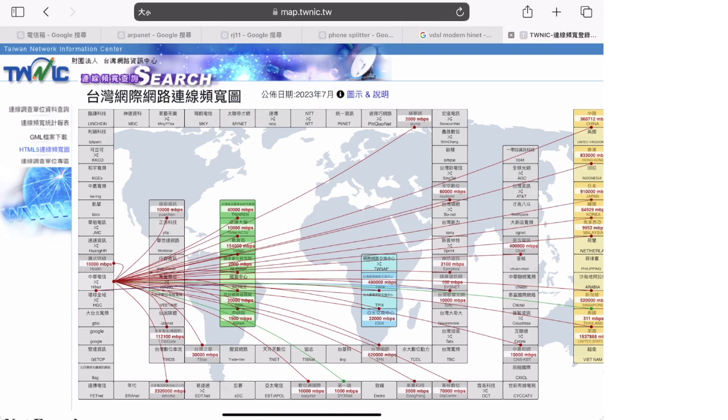The total bandwidth is 153.788 megabit per second. This is a very large communication link. Of course, there are some undersea fiber cables. The total capacity of those fibers is this number, so that customers of HiNet can reach a server in the United States by using those links.